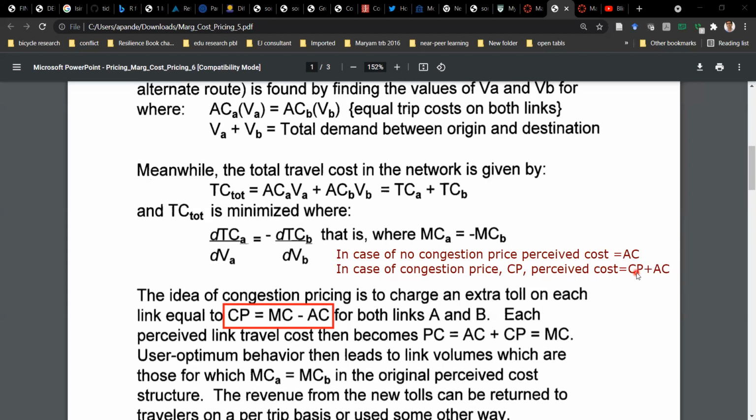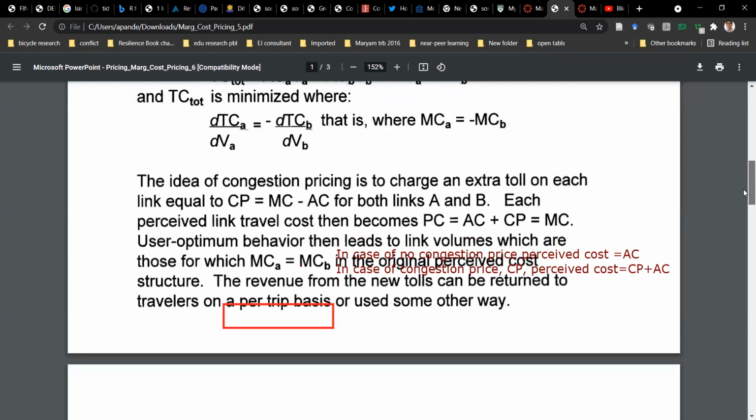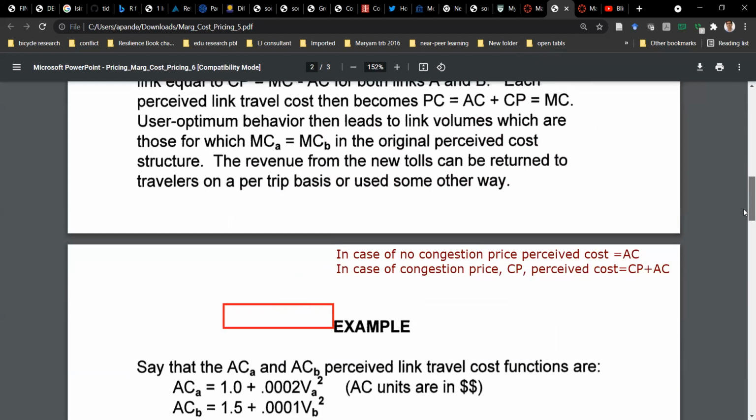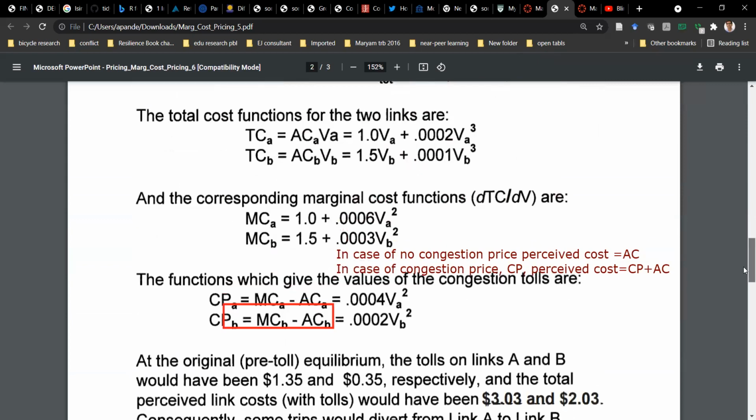And now, if route A and route B both have their tolls, I'm going to write those tolls down. So remember, I'm not even worried about this right now.